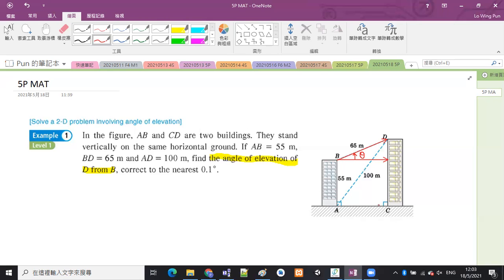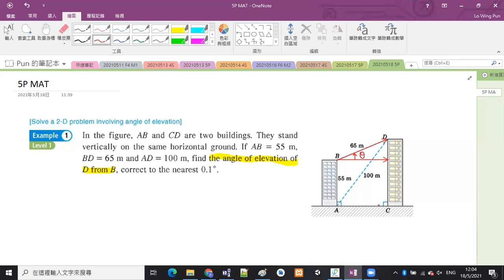So theta can be calculated by angle ABD taking away the 90 degrees. That will be the required angle and the answer of this question. So our plan is to find the angle ABD first in triangle ABD, and then subtract the 90 degrees away. The remaining part will be the theta.